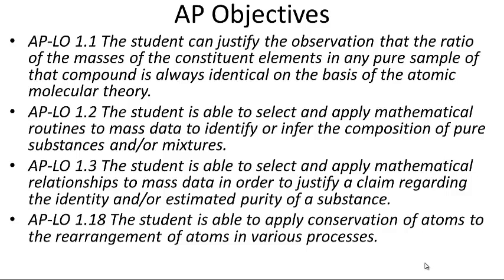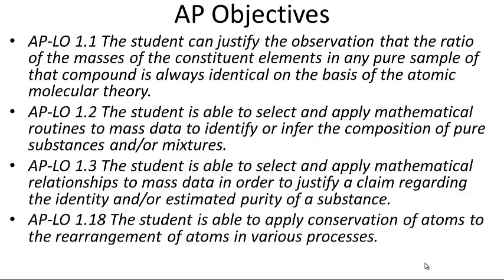All right, so how do I translate this into understandable language? Anyone want to give it a crack? All right, question. What is constituent elements? Constituent elements are just the elements that constitute something.